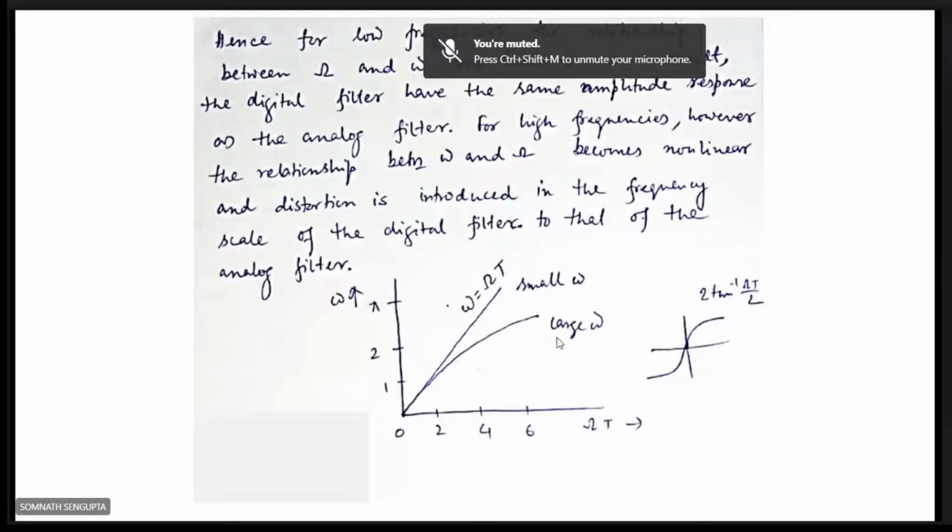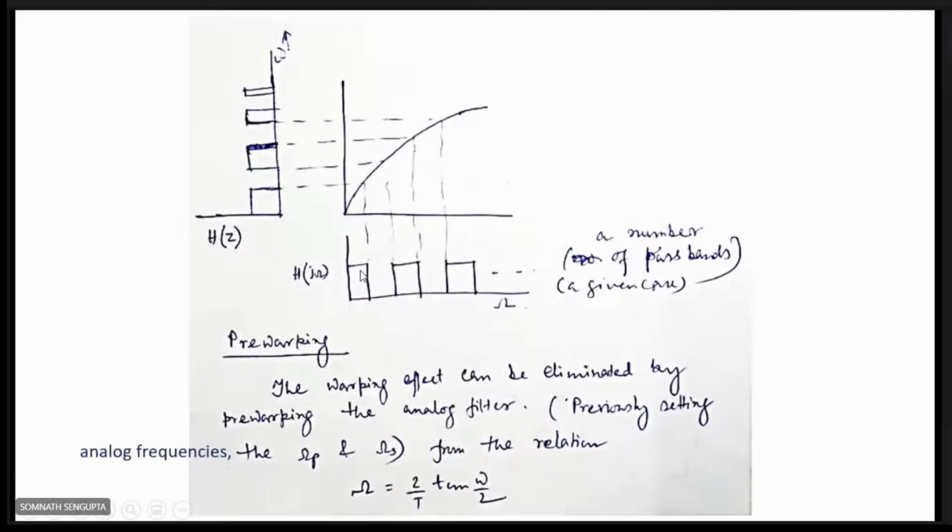So there is some drawback of this warping. You can see from the graph that suppose in the analog domain there are multiple pass bands. For small frequencies, the pass bands do not get distorted, because of the linear nature.